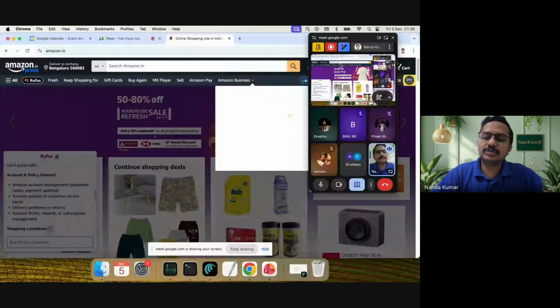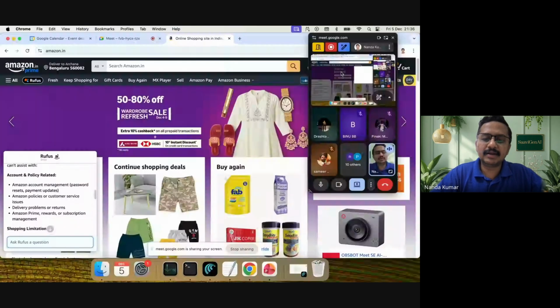Just visualize, prompt injection is a social engineering attack. So what is a social engineering attack? Say, for example, there is a person who has the key of the bank, and he is not supposed to give the key to anyone other than the bank manager. No matter what you do, he is not going to give you that key.